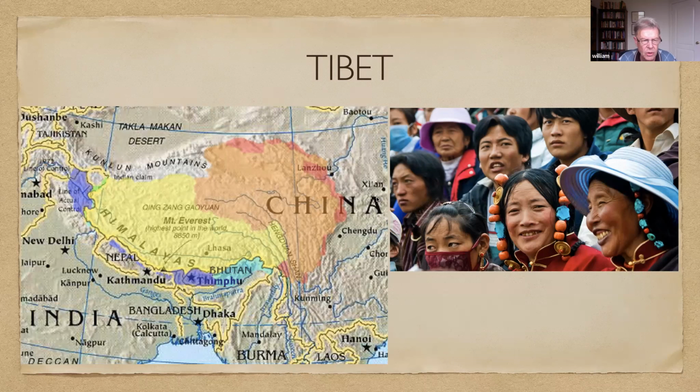It's bounded on the north and the east by what is called the Central China Plain, on the west by Kashmir, which of course is part of India, and then on the south, you can see below the Himalayas, Nepal, Bhutan.